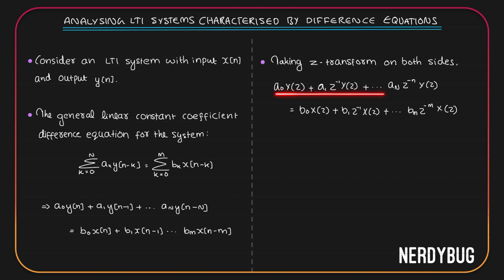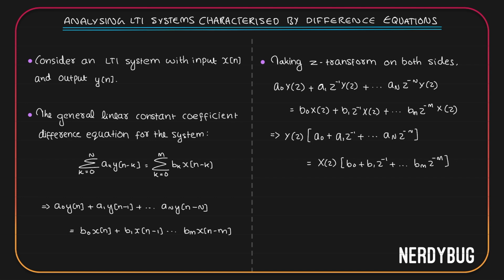On the left hand side, all the terms have y of z in it. On the right hand side, all the terms have x of z in it. So let us take them as common. Then we get y of z multiplied by a0 plus a1 z inverse plus up to an z raised to minus n is equal to x of z multiplied by b0 plus b1 z inverse plus up to bm z raised to minus m.